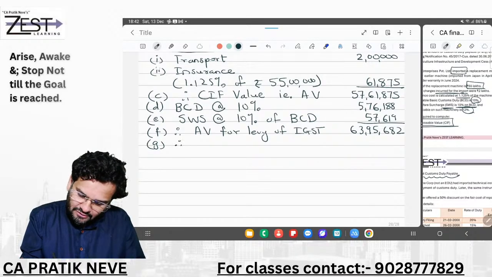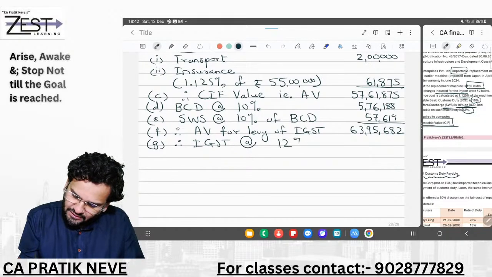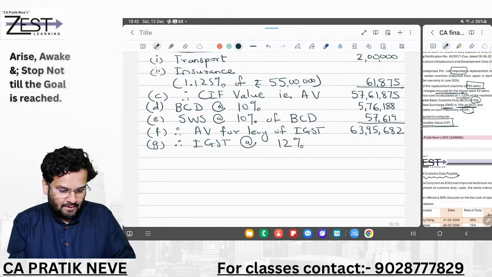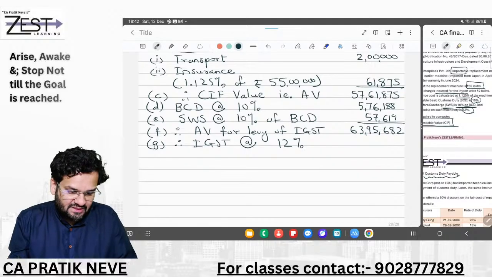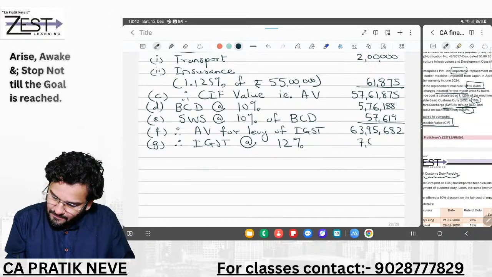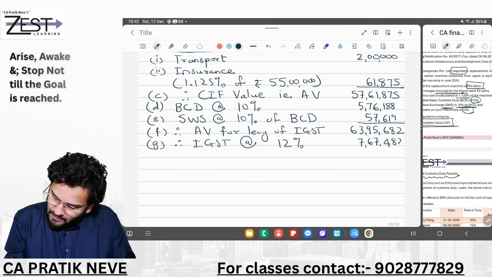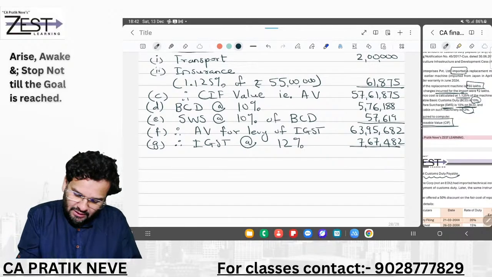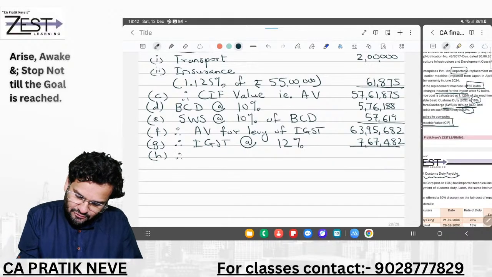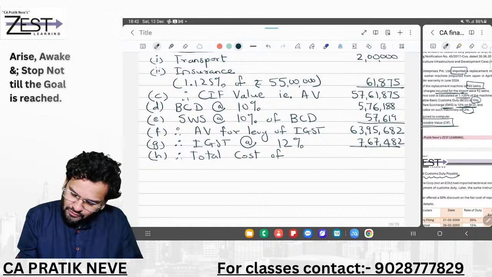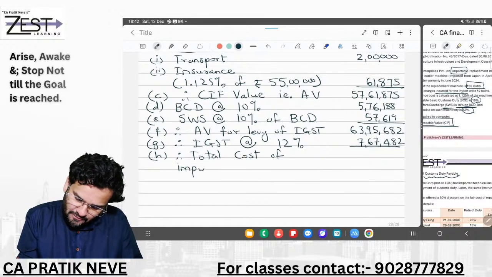Now therefore IGST at given 12%. So isn't it 7 lakh 67,482? Now friends, are you getting therefore total cost of imported goods?